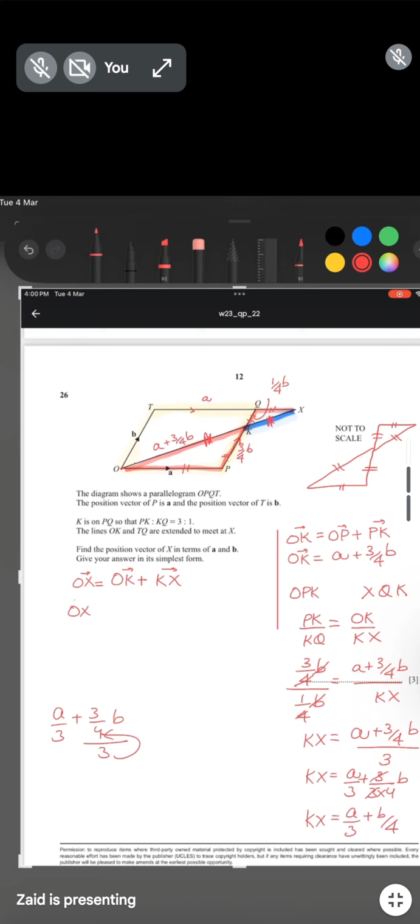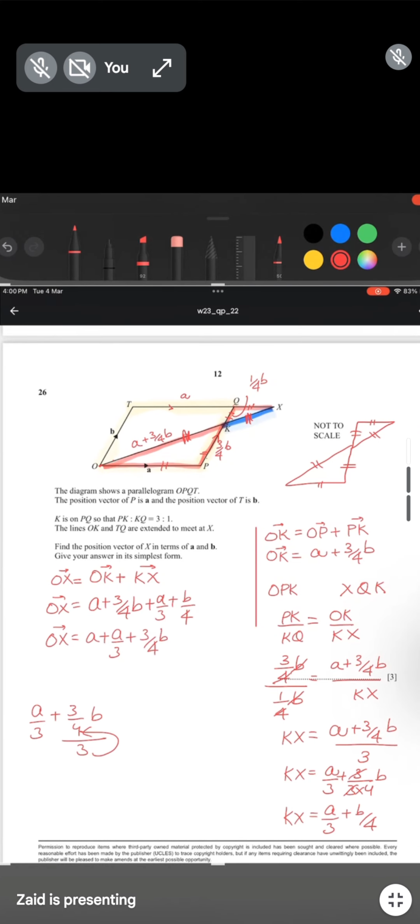So OX is going to be OK plus KX, A upon 3 plus b upon 4. Now let's simplify them. A with A and B with B. 3 ones are 3 plus 1, 4A upon 3. 3 plus 1, 4b over 4.